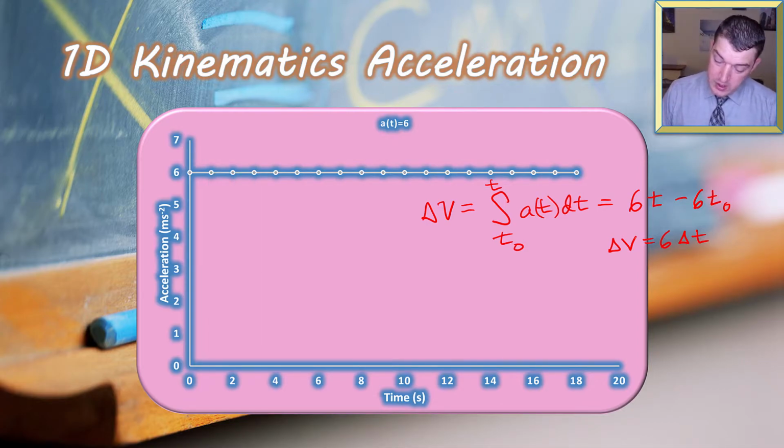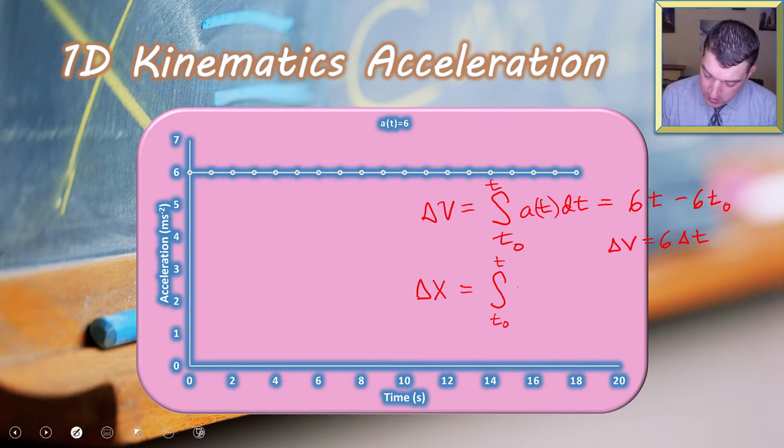We can also take the integral to get the change in position. The change in position with respect to time is going to be the integral between our initial time and some time later of velocity as a function of time in terms of time.